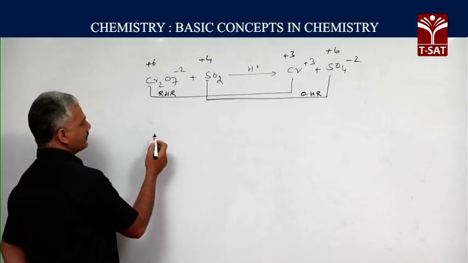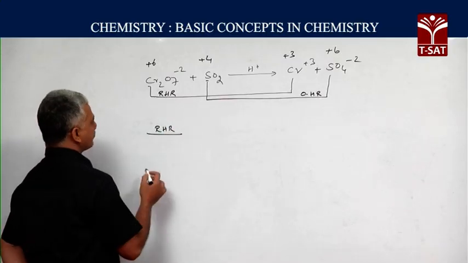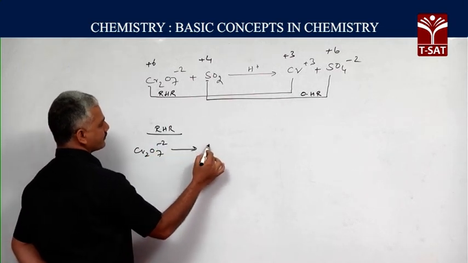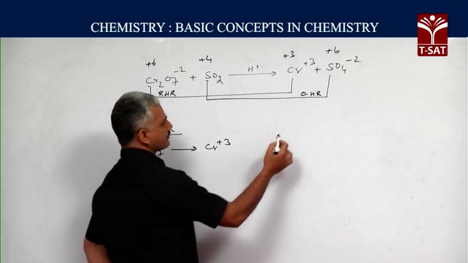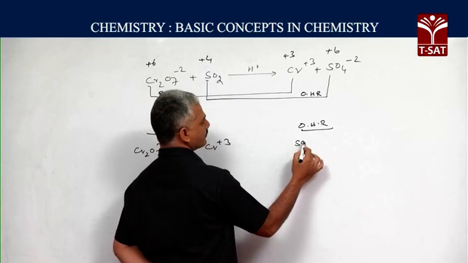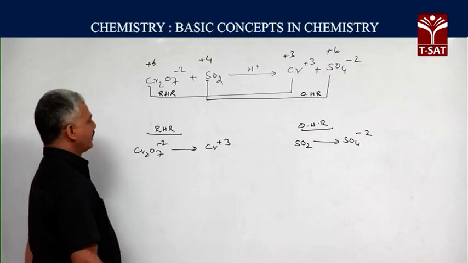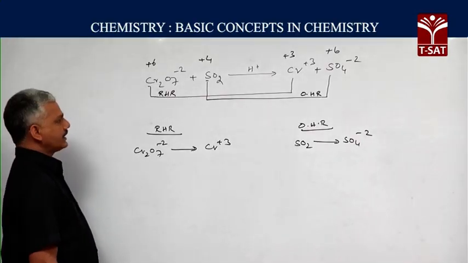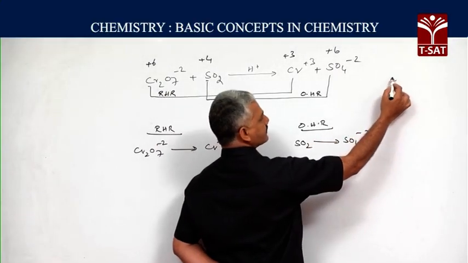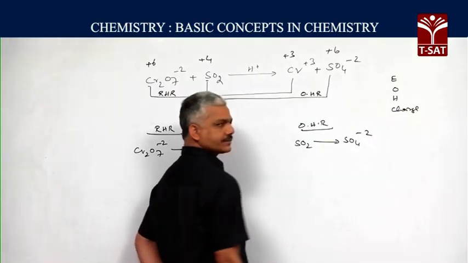Now, separating the two half reactions, while balancing these half reactions, the sequence to be followed is element first, then oxygen, hydrogen, followed by charge.